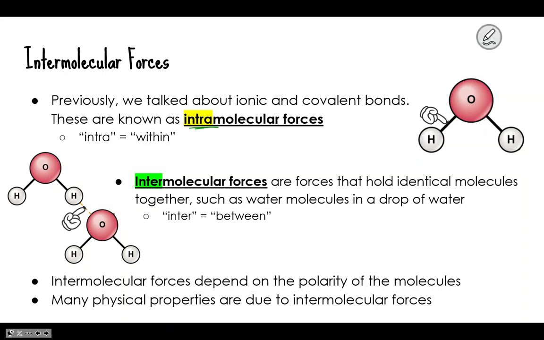Intra means within. You'll see it over here as a bold line between the atoms. This is a connection between the oxygen and the hydrogen in our molecule, within the molecule. You'll notice over here the interforces are noted by dotted or dashed lines.